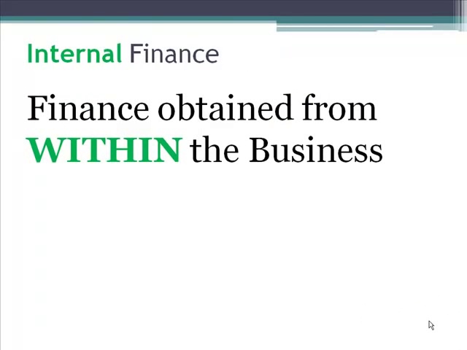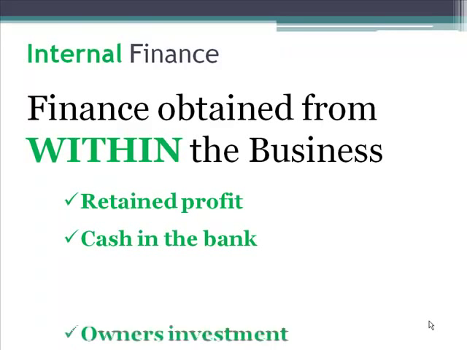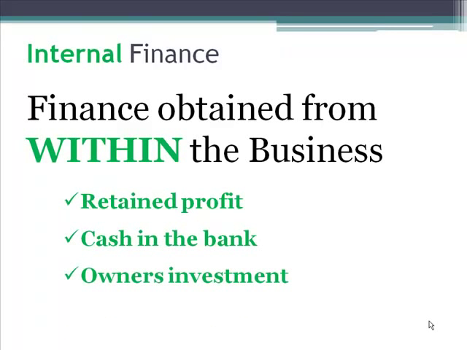So we've talked about internal and external sources of finance. Internal finance is money obtained from within the business, and examples could be retained profit. If the cost of something is £10 and you sell it for £15, you've made a profit of £5, which you can use within the business. Cash in the bank: if you've got any money saved up in the bank from the business, you can use that as an internal source of finance. The owner of the business may have his own money which he invests into the business.